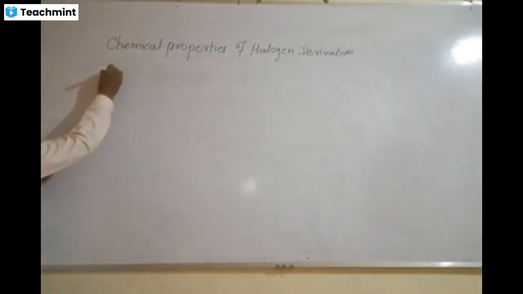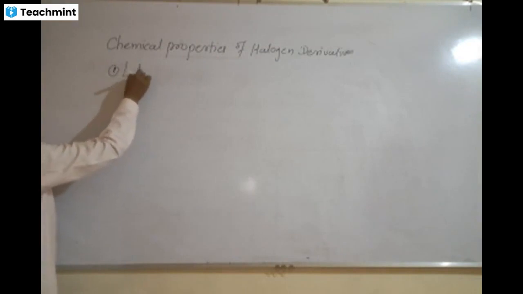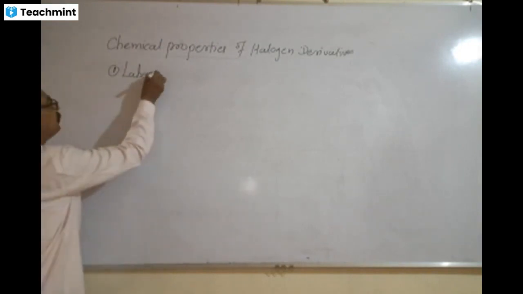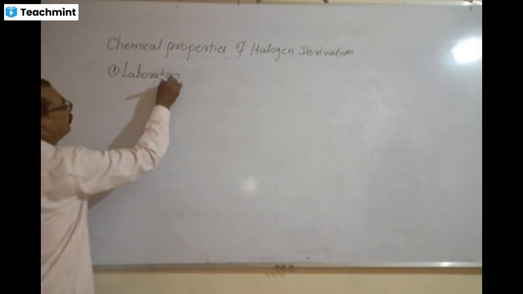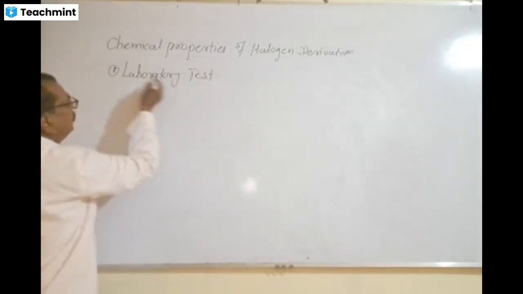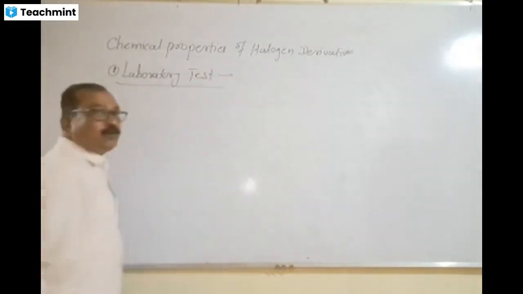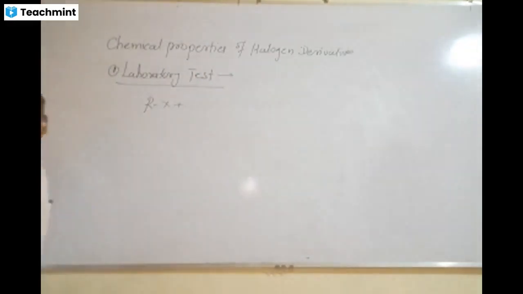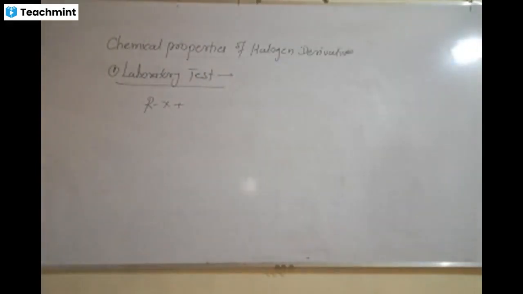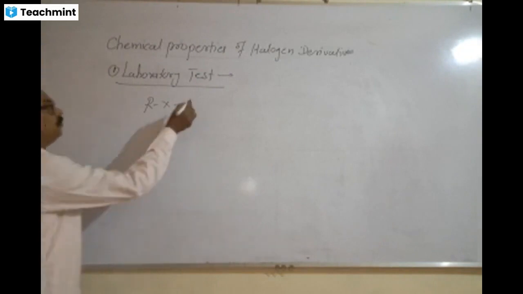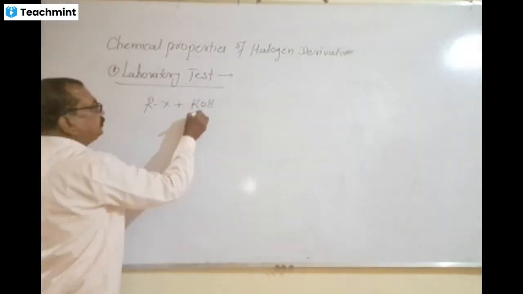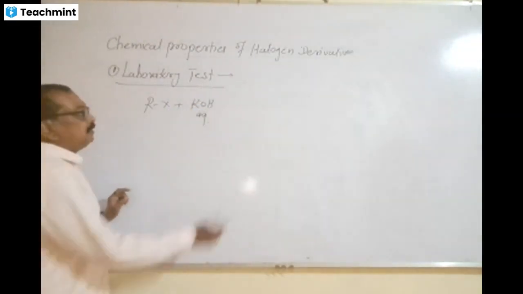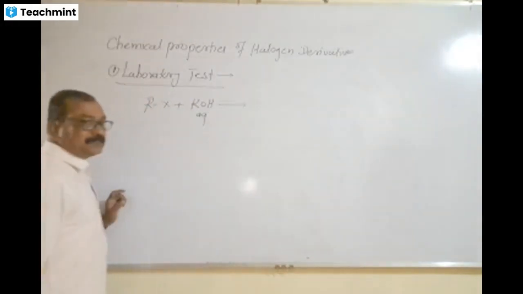First important chemical property, laboratory test. In this laboratory test, when alkyl halides are treated with a reagent like aqueous solution of potassium hydroxide or sodium hydroxide, a substitution type reaction takes place.